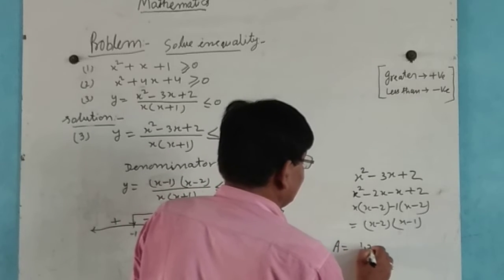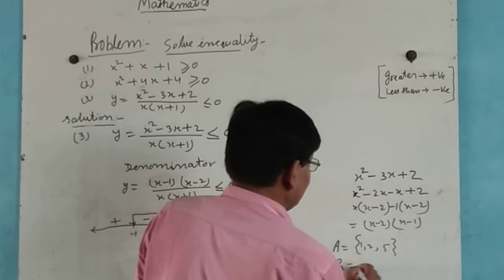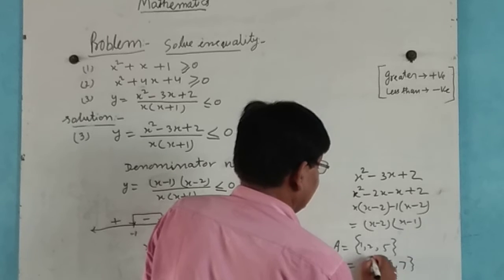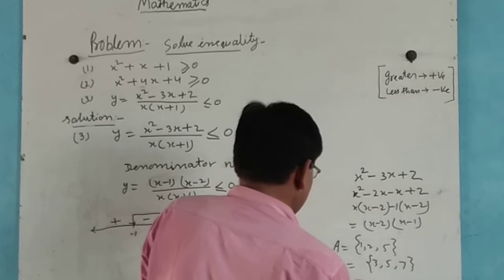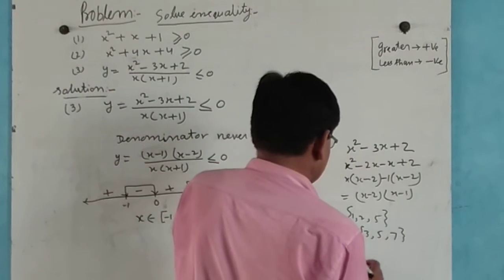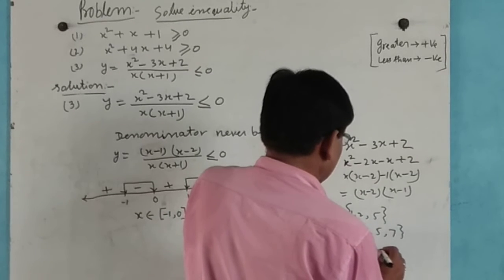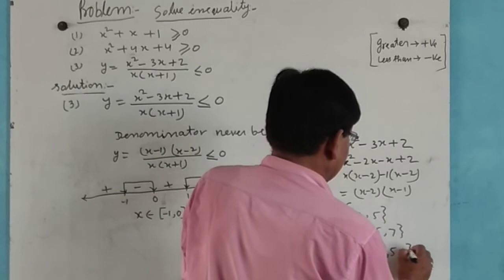Like if A equals 1 to 5 and B equals 3 5 7, in this case A union B has the elements 1 2 3 5 and 7.